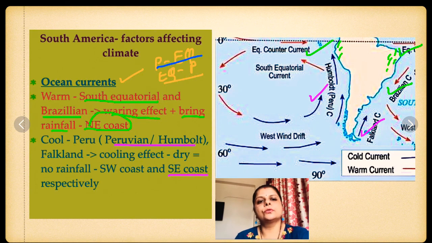So both these cool currents have a cooling effect on their coastal regions, but they are cool, so they don't have any capacity to carry moisture, so they are dry, and hence they do not bring any rainfall to the coastal region. The southwestern coast is always washed by the Peruvian current, and Falkland currents are washing the southeast coast of South America.